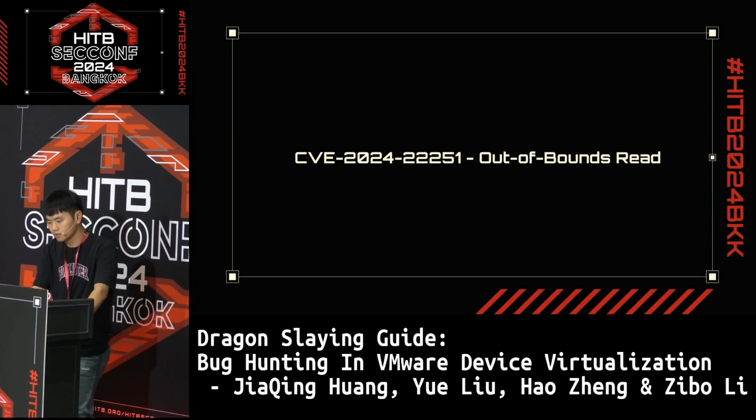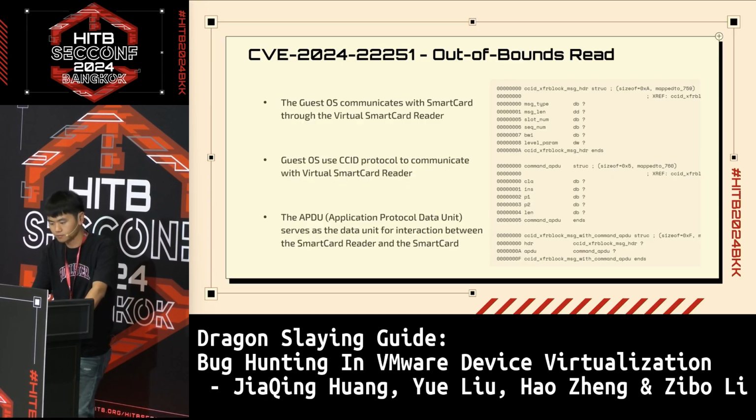The third bug is in the USB backend device emulation, and it is an out-of-bound read vulnerability that will be triggered within the system API. The guest OS communicates with the smart card through the virtual smart card reader. The guest OS uses the CCID protocol to communicate with the virtual smart card reader.